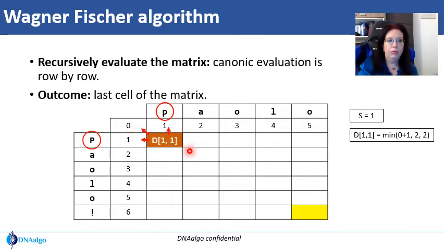The penalty when comparing P with capital P is 1 because the two letters are different. So 0 plus 1, which is 1. Then we have the value on the left-hand side, which is 1 plus 1, which is 2, and then the value on the upper part, which is 1 plus 1, which is 2. So the value in this cell will be the minimum among 0 plus 1, 1, 2, and 2, which is actually 1.